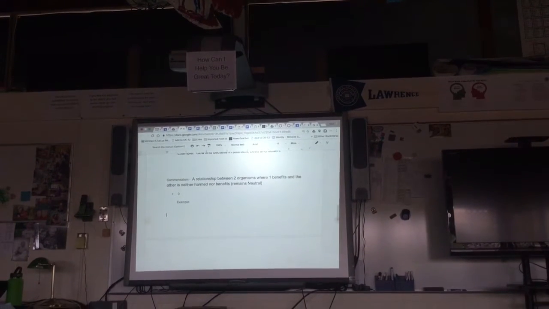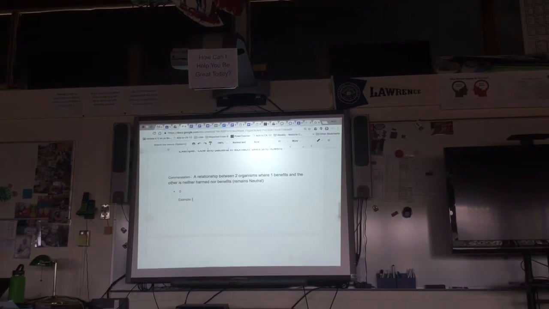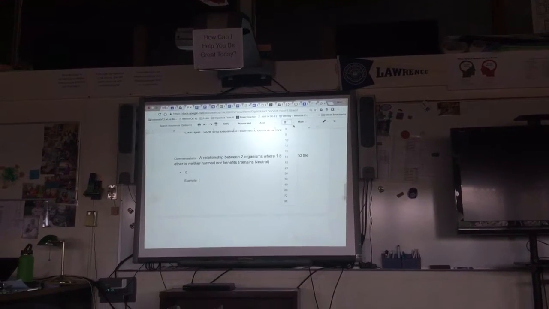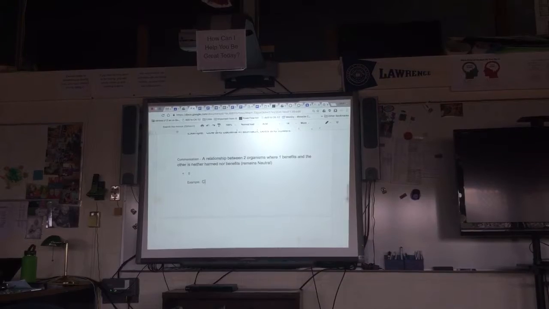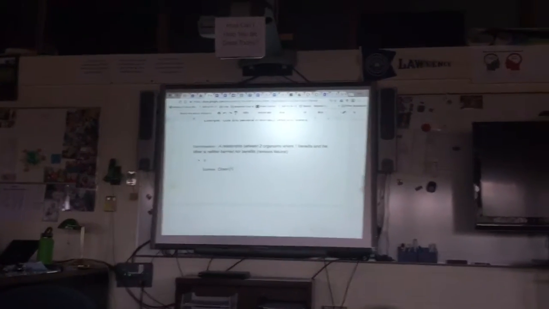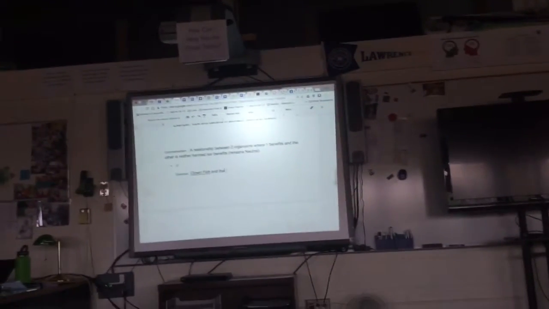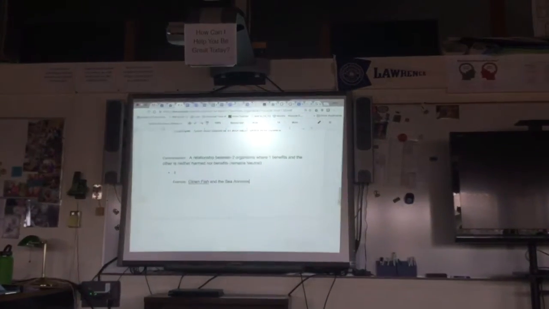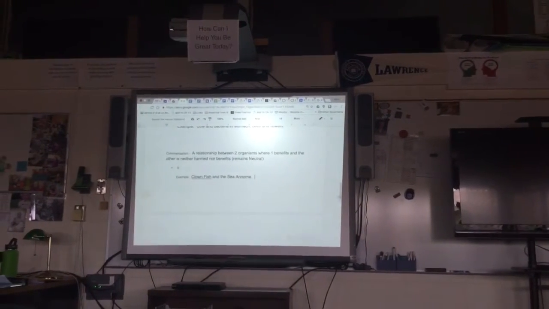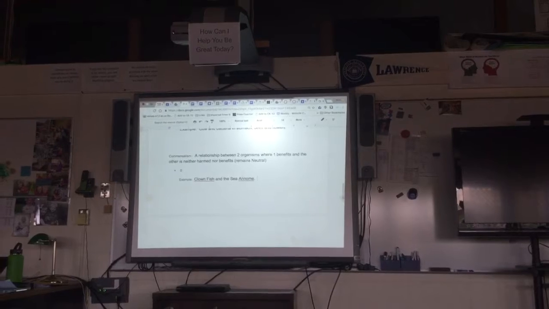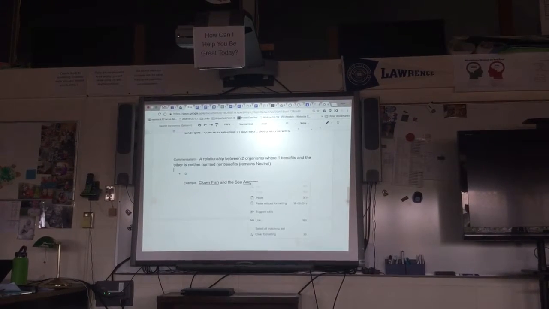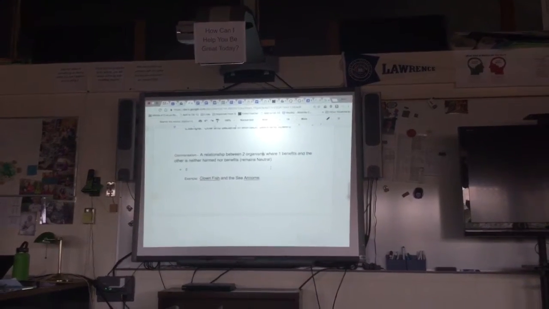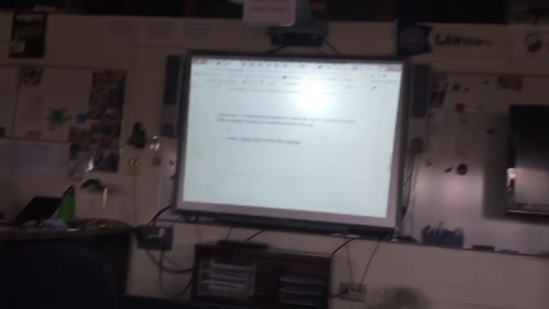The example that we can give to this one, which is pretty simple to think about, and we've probably all seen this before, is the clownfish and the sea anemone. I spelled that wrong, but clownfish and the sea anemone.